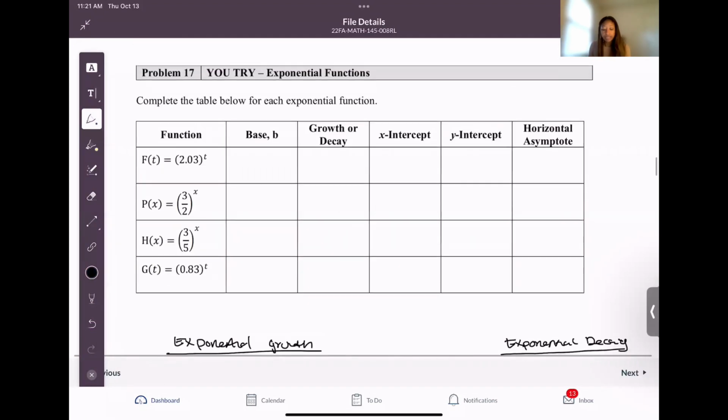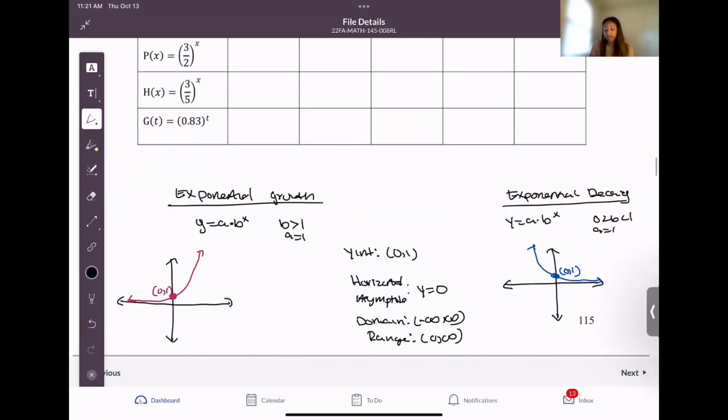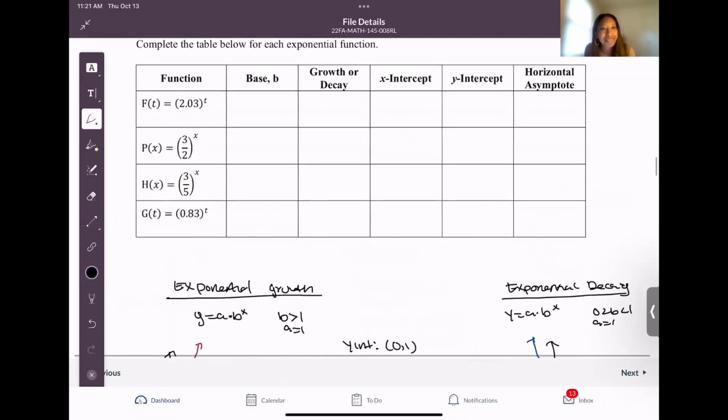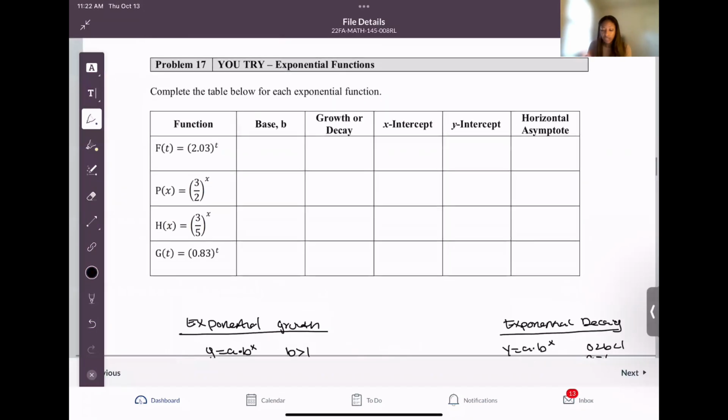When a is equal to 1, your y-intercept is going to be 1. We already showed from our graphs below that the horizontal asymptote is always 0, y equals 0. None of these exponential functions are going to have x-intercepts. So we can fill in this stuff.